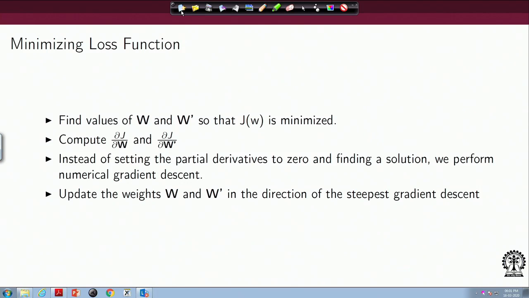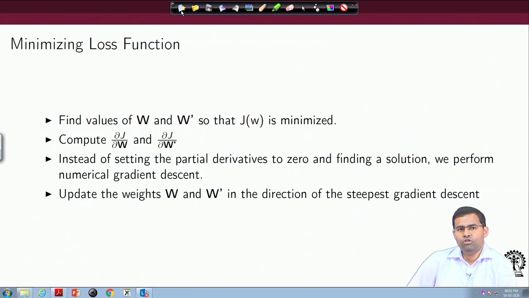So overall, for a sufficiently complex system where these w's and w primes are significantly big, it may not really make sense, for such complex functional relationships, to set the partial derivative to 0 and get a minima. Rather, it makes sense to do some optimization, in the way that you perform what we call numerical gradient descent.